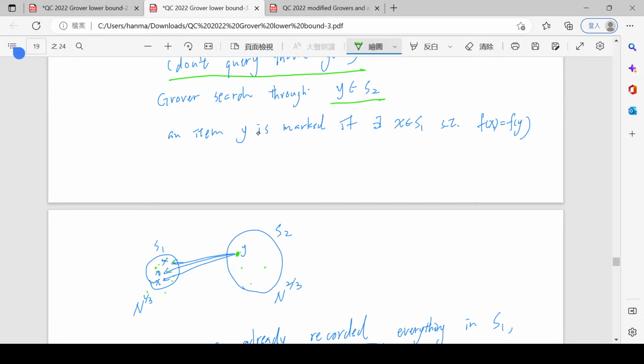In other words, we say item y in S2 is marked. Talking in terms of Grover search, we are searching over the items in S2, and the marked item is the item such that there is some x inside S1 such that f of x equals f of y.